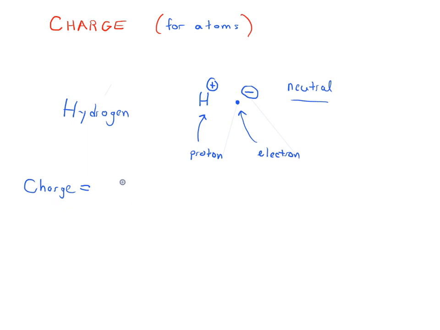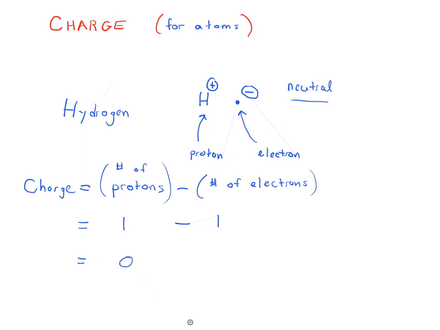The charge is going to be equal to the number of protons subtract the number of electrons. In this case, we've got one proton and one electron, so we're going to have a charge of 0. So this is a neutral atom.